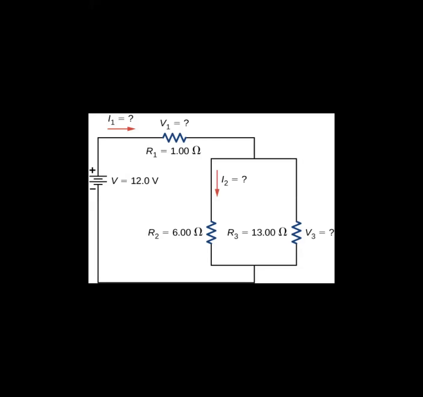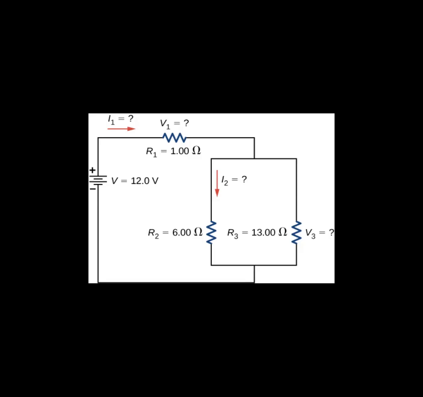We're supposed to look for voltage 1, resistor 1, current 1, voltage 1, current 2, voltage 3. But before we start that, we need to look for the current 1. So what's the equivalent resistance of resistor 2 and 3?